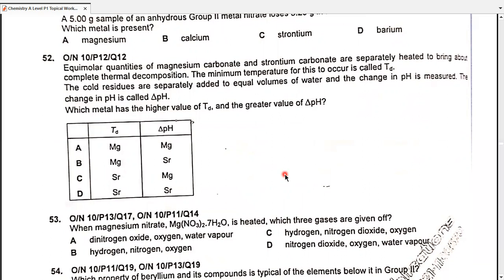The minimum temperature for this to occur is called T. The cold residues are separately added to equal volumes of water, and the change in pH is measured. The change in pH is called delta pH. Which metal has the higher value of T and the greater value of delta pH?